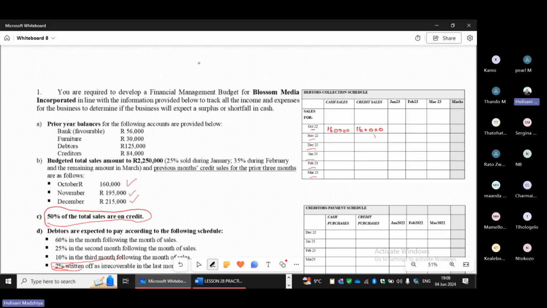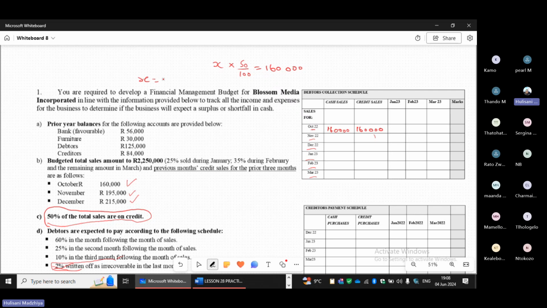If you want to solve for this, you can say X multiplied by 50%, or 50 out of 100, is equal to 160,000.